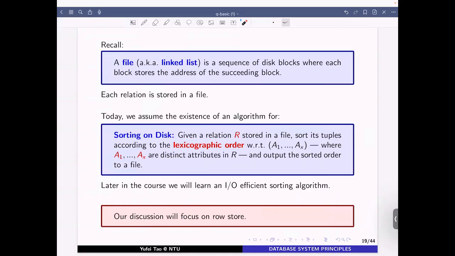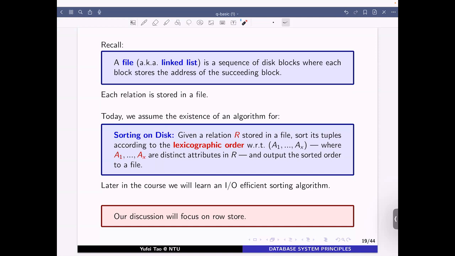Before I move on, I want to remind you once again that we want to store a relation as a file. This has two implications. The first implication is that you will use one or more files as the input to your relational algebra operator. Simple logic: every operator takes relations as the input, and every relation is stored as a file.